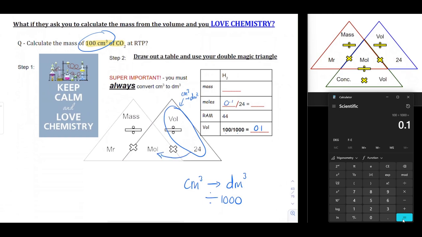So I do 0.1 divided by 24, and that gives me 0.00416. Then I keep that on my calculator, and now I've got my moles, I just need to times it by the MR to get my mass. So I times by 44, because that's the MR of carbon dioxide, and I get 0.183.